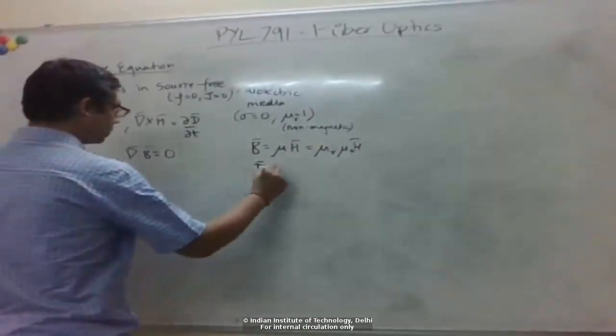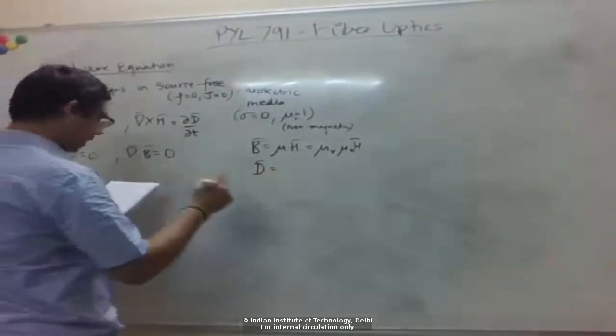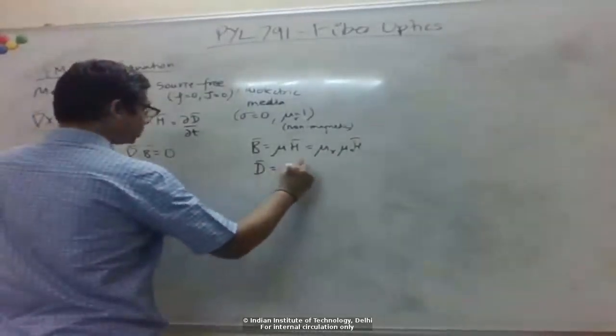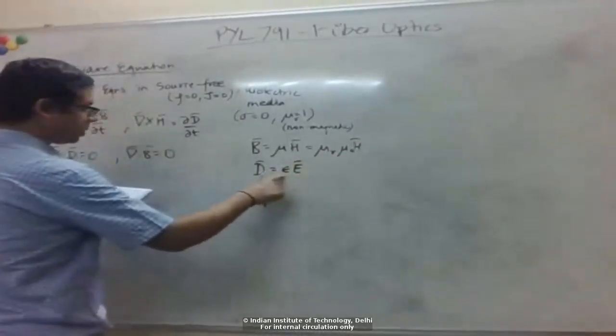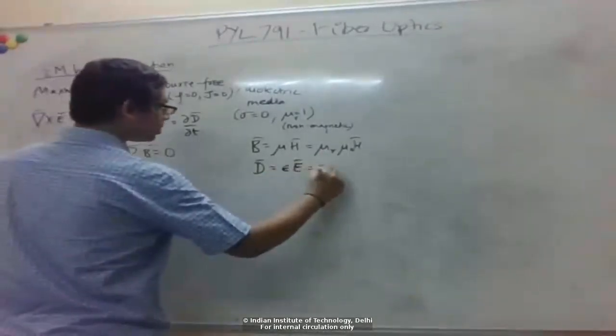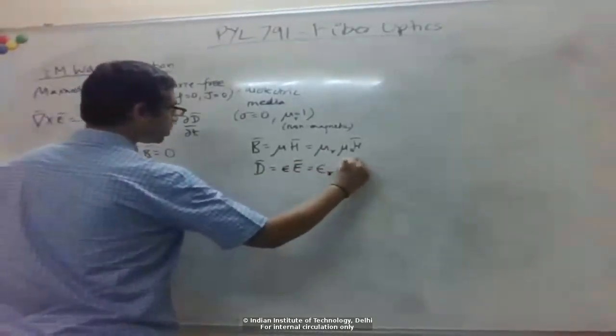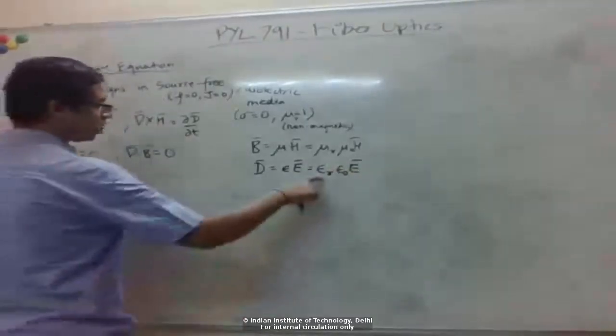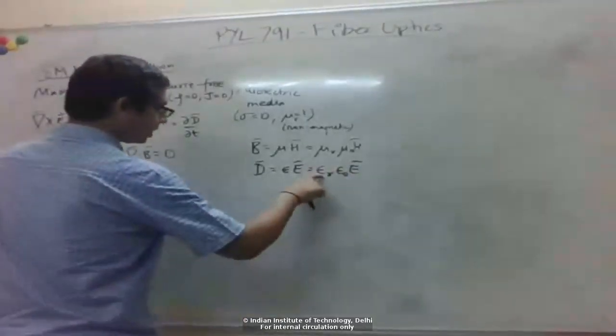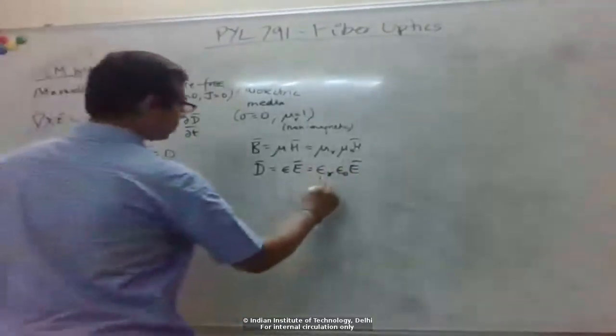And then this displacement field D is related to the electric field by this permittivity. Right, so this epsilon sub r is the relative permittivity or the dielectric constant.